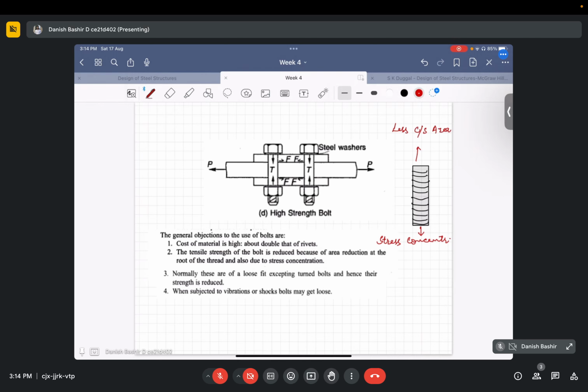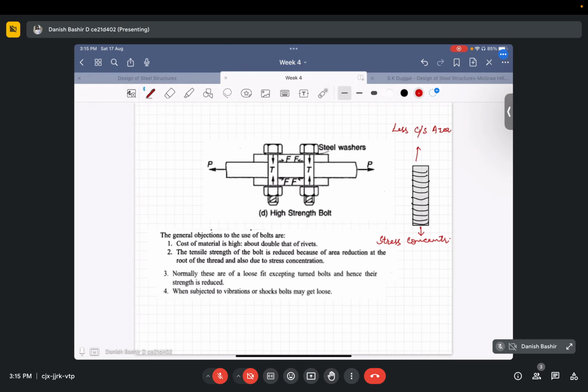Normally there is a loose fit except in turned bolts, and hence their strength is reduced. If we see a riveted connection, we make the rivet head on one side and then hammer it on the other side and make the head there too. That connection will not get loosened in due course of time, because the rivet head on the other side is permanent, as long as it does not break due to some extra forces.